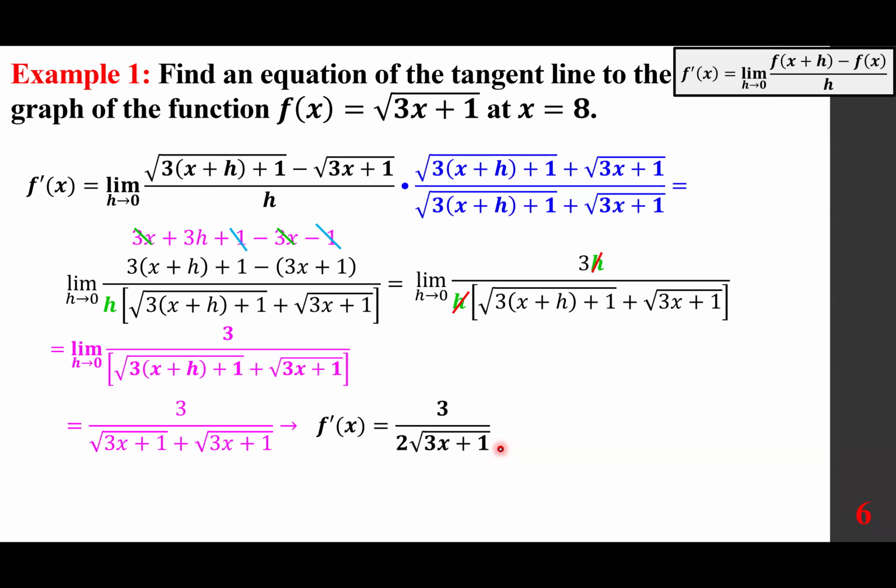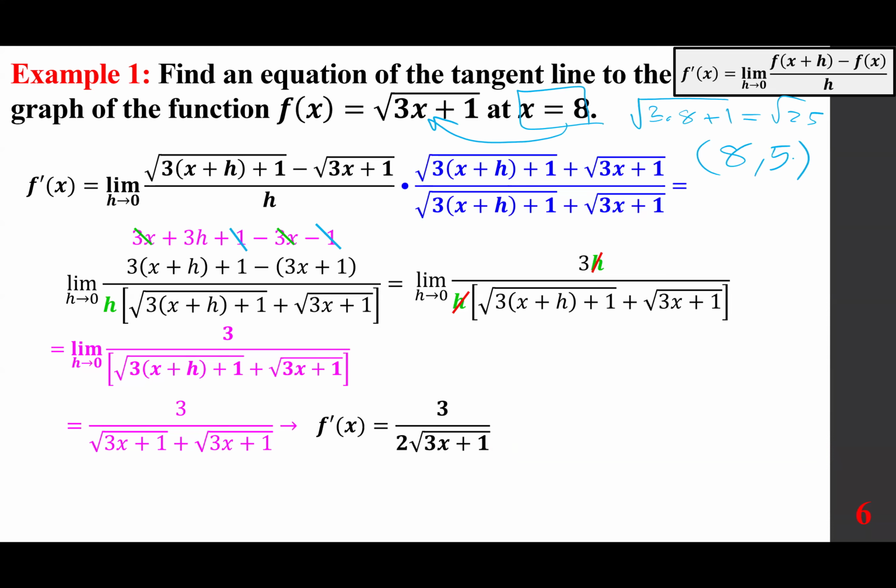Now, we need the pair and we need the slope. If you plug in 8 into the original function, you get 3 times 8, which is 24, plus 1, which is 25, and you get 8, comma 5.